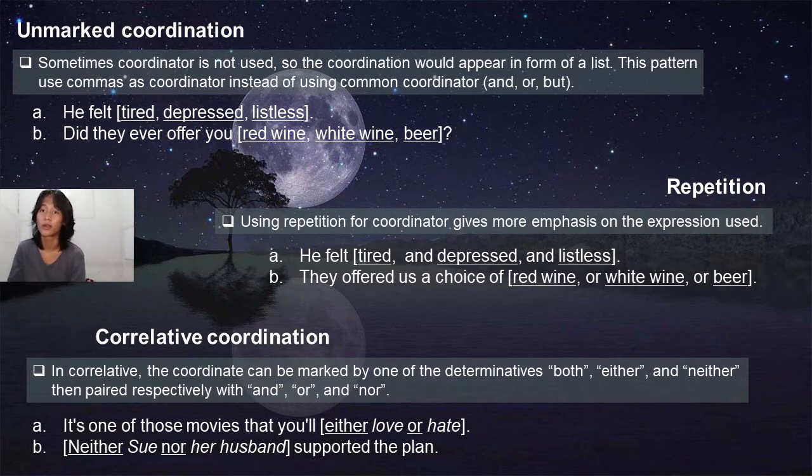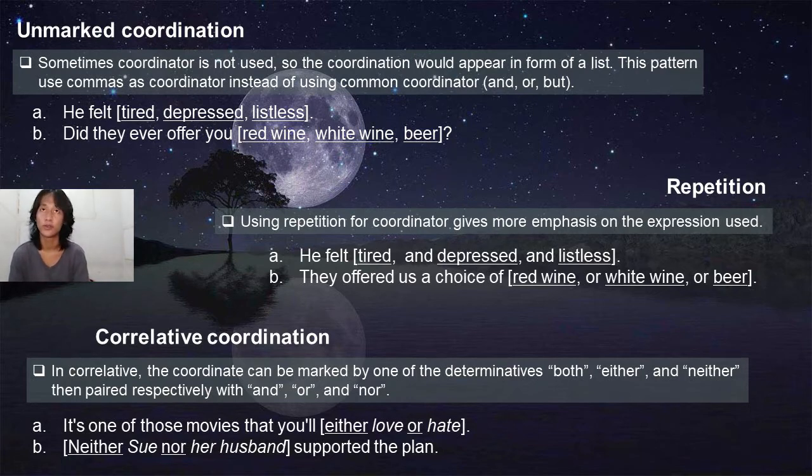But to make it simpler, we can use commas to form a list and to make efficiency from forming a structure. Also, to the next example, did they ever offer you red wine, white wine, beer? And it is also a list. And to note, remember, they need to be similar. They need to be the same. They need to be of equal status, so you are not confused when you are seeing the sentence.